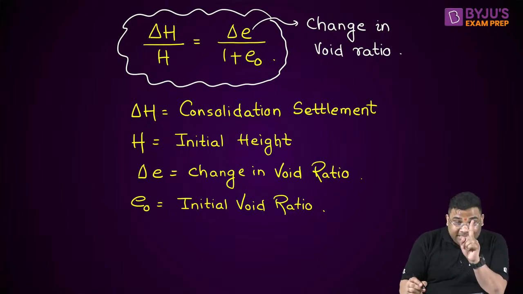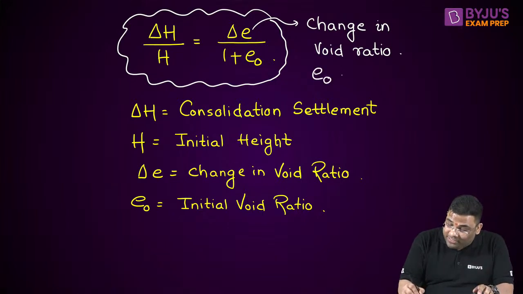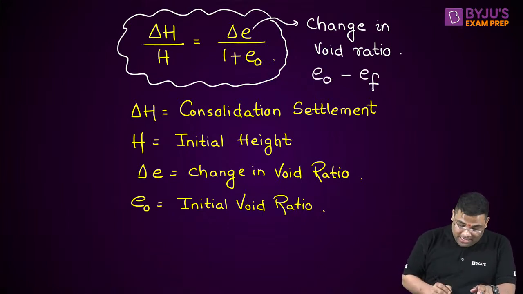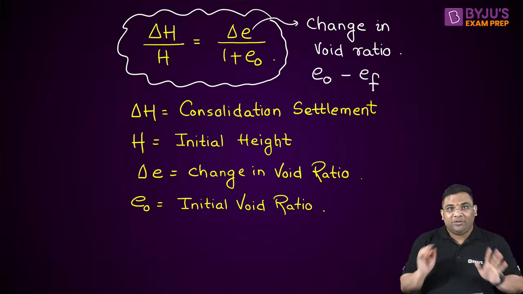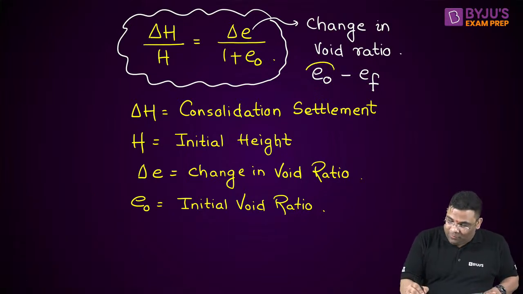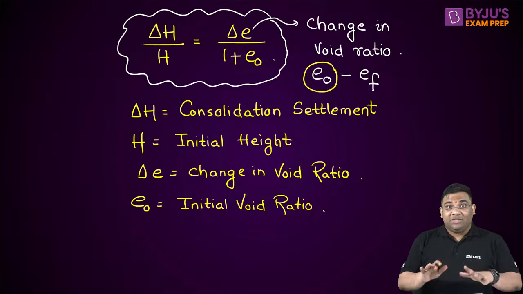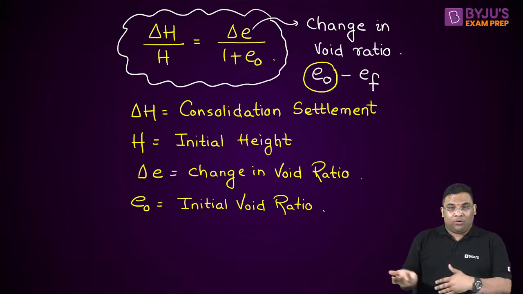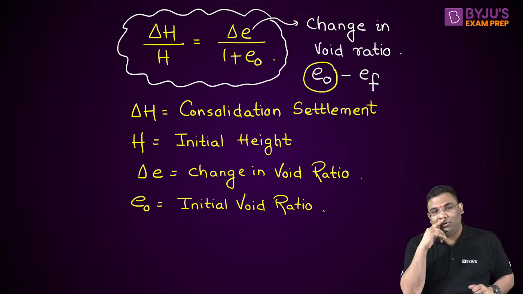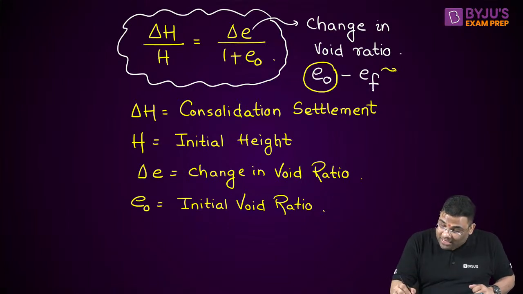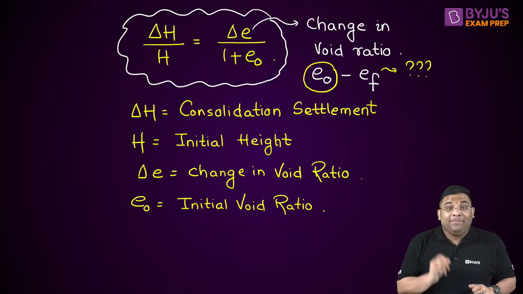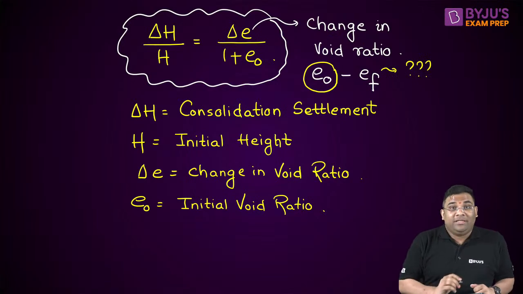Because the change in void ratio is initial void ratio minus final void ratio. Now, initial void ratio we know because that is before consolidation. But after consolidation, what will be the void ratio? You don't know, so this is unknown. If this is unknown, can I use this equation?